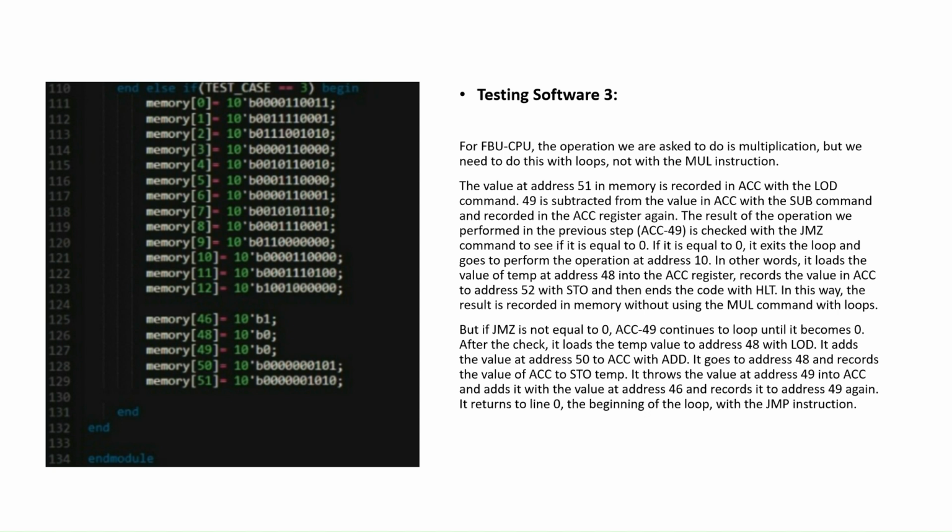It goes to address 48 and records the value of ACK to temp with STO. It loads the value at address 49 into ACK and adds it with the value at address 46 and records it to address 49 again. It returns to line 0, the beginning of the loop, with the jump instruction.